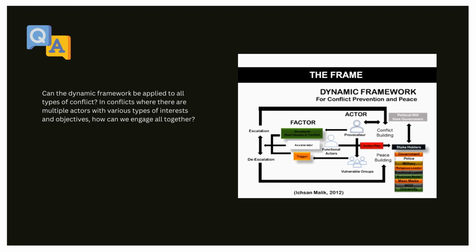Of course, you should also see the context and the complexity of the conflict. But the five elements work to analyze at the first time, to diagnose the disease and also to see the medicine and the healing process.